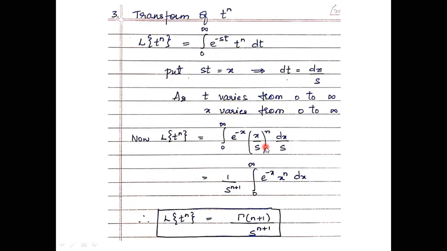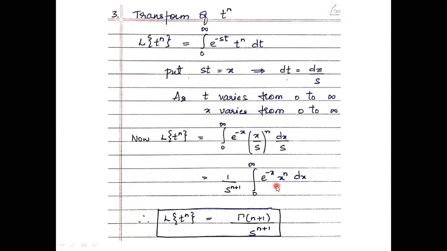Here I have taken this constant s outside the integral. So s power n and s is 1 by s power n plus 1. Taken that outside, 0 to infinity, e power minus x, x power n into dx. So I am left with this one, and this is nothing but the gamma function. This is actually the definition of the gamma function. That is gamma n plus 1 divided by s power n plus 1.